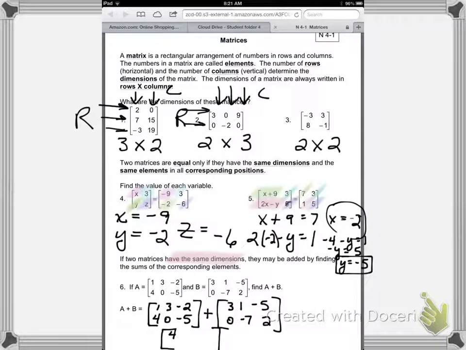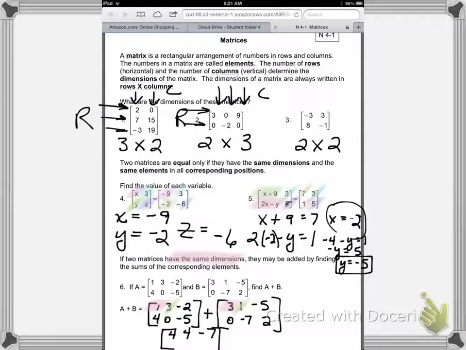The middle element's going to be 3 plus 1, which is 4 again. Negative 2 plus negative 5 will be negative 7.